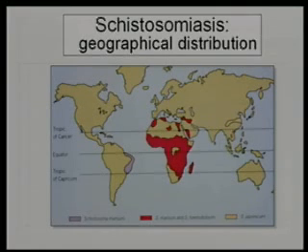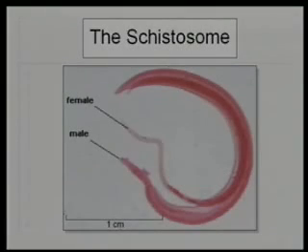Some Schistosoma mansoni is also found in South America, and then japonicum is around this area here. Morphologically, it's leaf-like, and they are separate, male and female, but they live attached to each other.